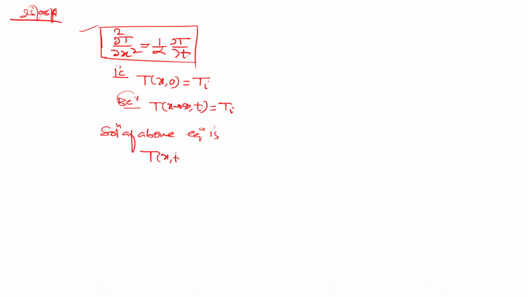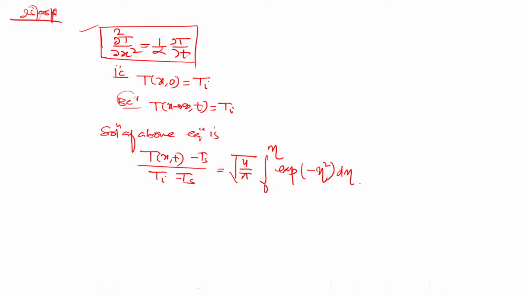temperature as a function of x and time, T(x,t) minus Ts upon Ti minus Ts, is equal to under root 4 by pi, integration 0 to eta, exponential minus eta square d eta.